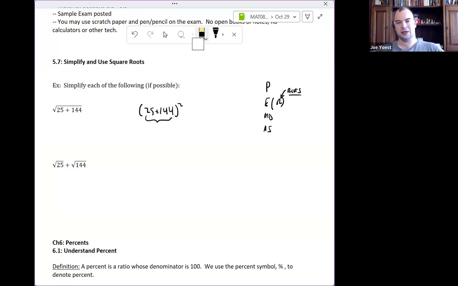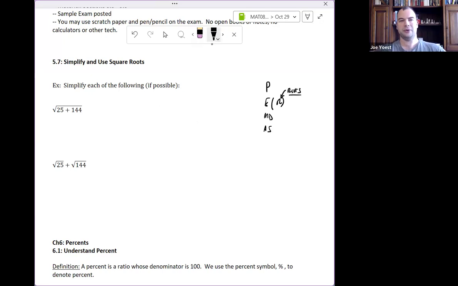And that's really what we're seeing here. When we have square root of 25 plus 144, we're saying do the square root operation on 25 plus 144. So there's an inherent grouping here. This 25 plus 144 are treated as grouped together.